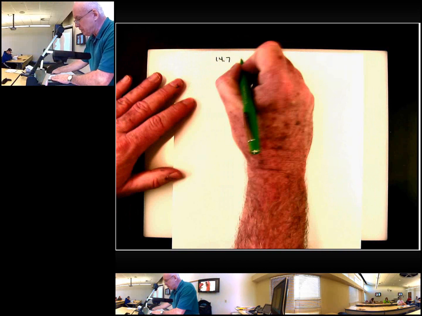Anyway, so what we're on here is section 14.7, where we're looking at maximum and minimum values.